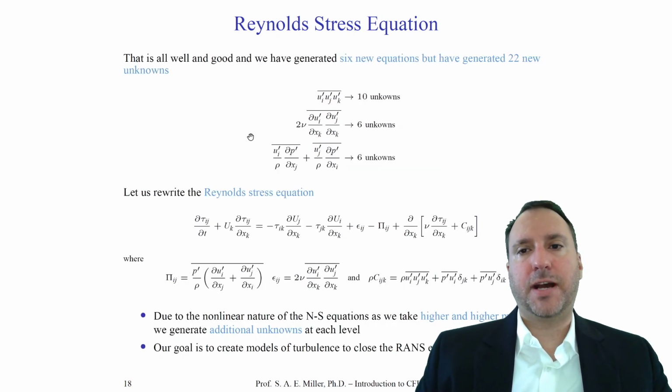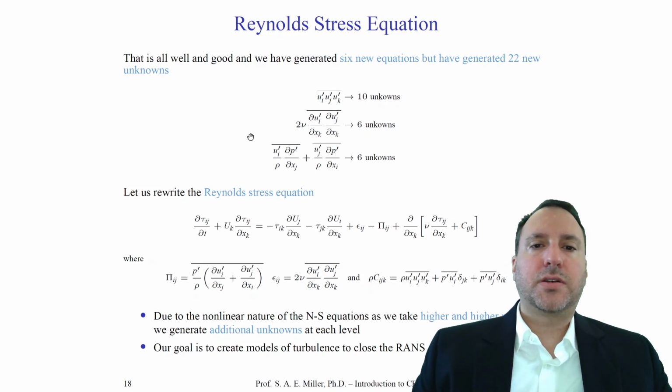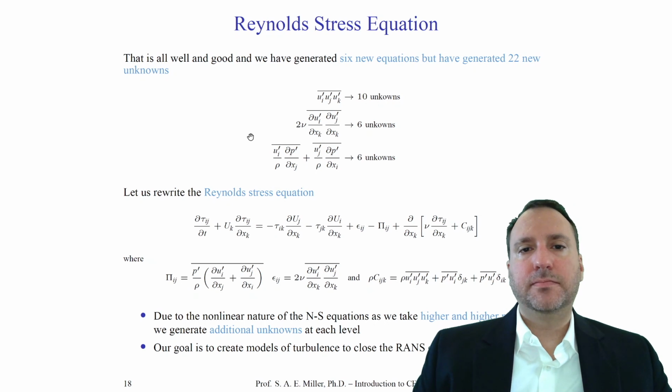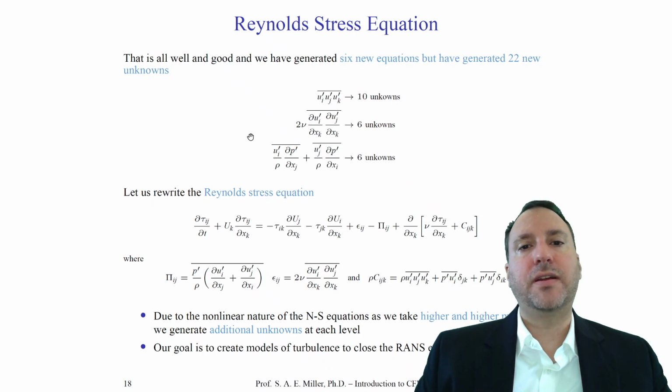So now you might imagine we have a new system of equations which is only on the order of 10, and we have about 32 total unknowns. You can imagine that we could do additional moments, but no matter how many moments we take, more and more unknowns are being generated. For example, if we take higher order moments, we'll have even more unknowns.